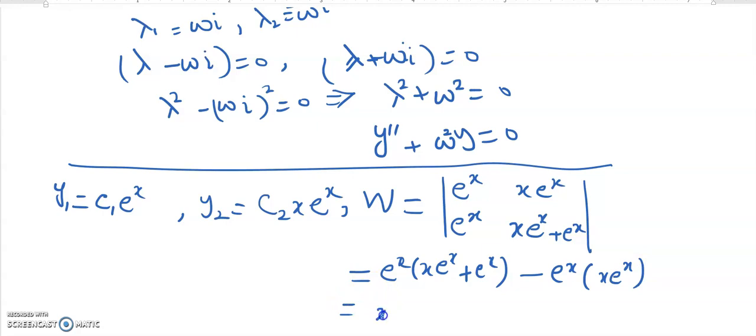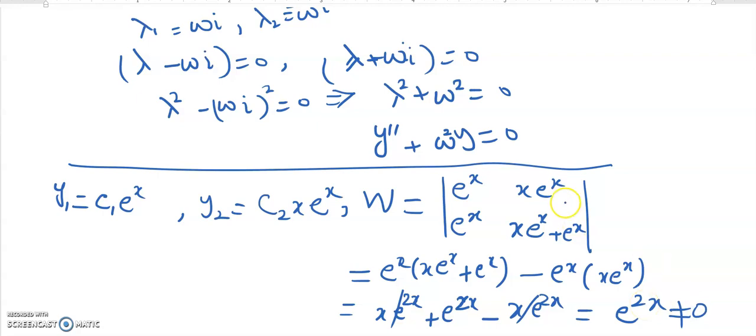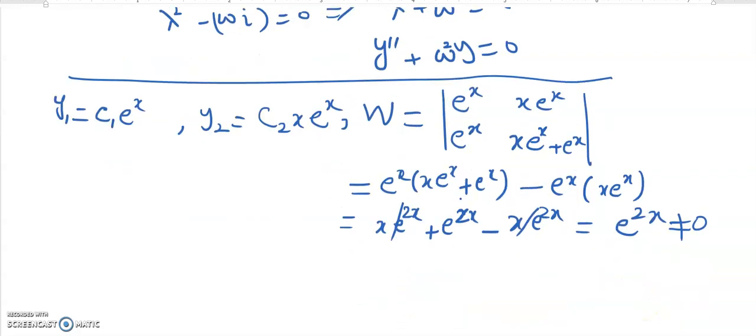So it will be x e power 2x plus e power 2x minus x e power 2x. The x e power 2x terms cancel, but e power 2x remains, which is not equal to 0. Therefore we can safely say that these two are independent solutions.